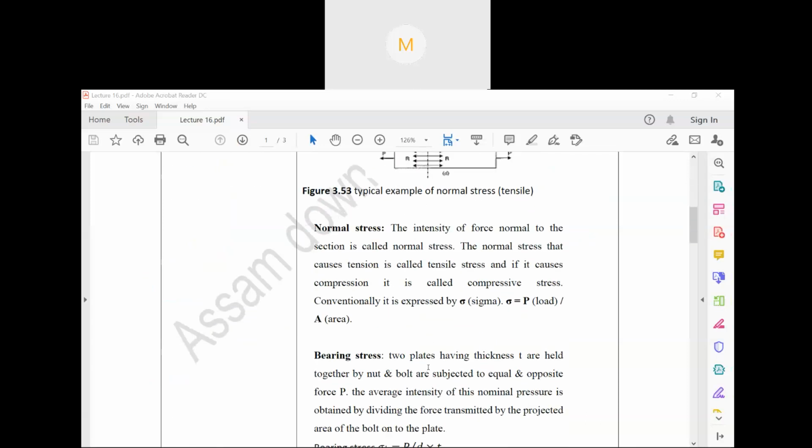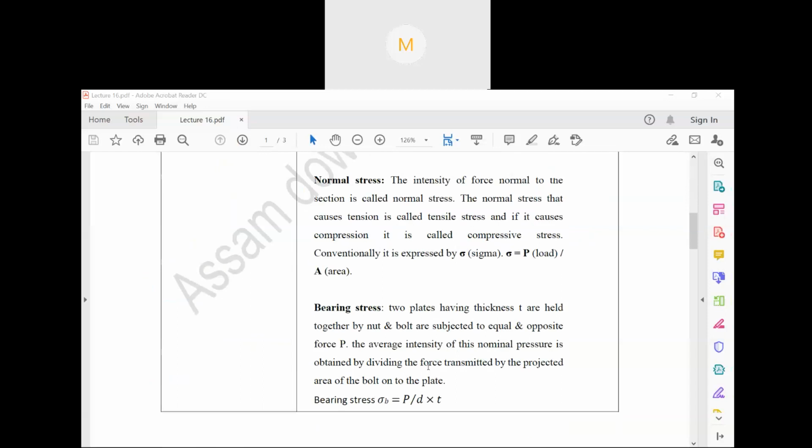Now look, let us understand a few definitions. First of all, what is normal stress? The intensity of force normal to the section. The intensity of force which is normal to the section is known as normal stress.